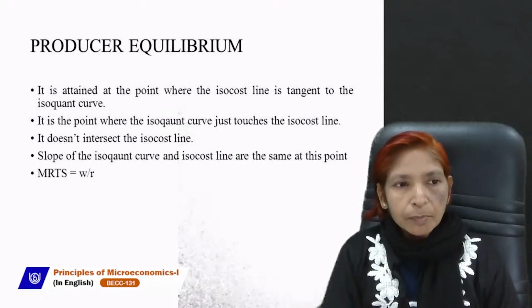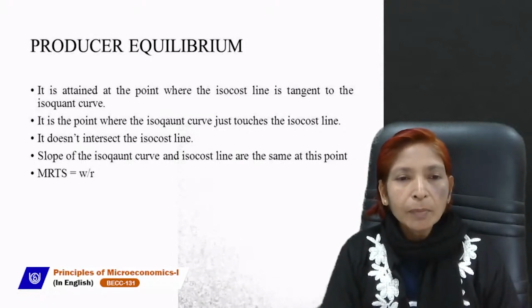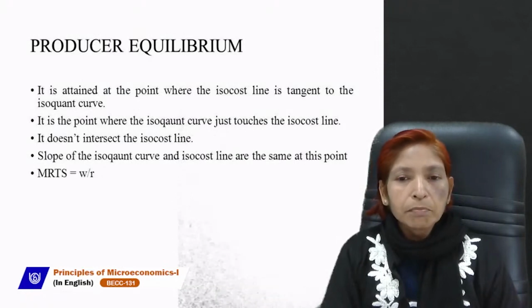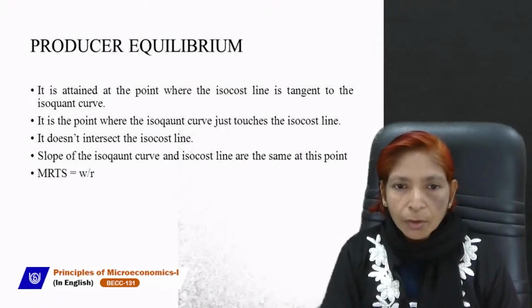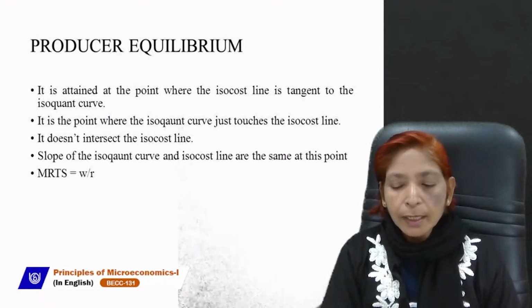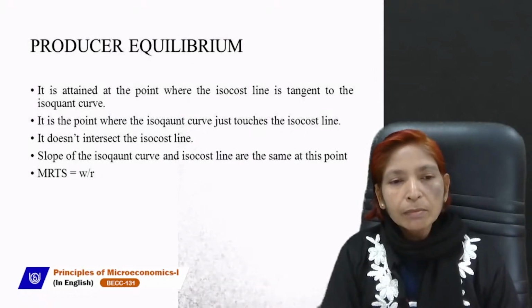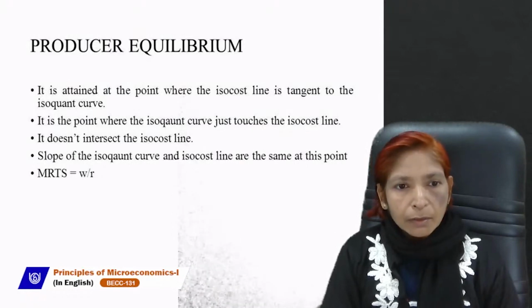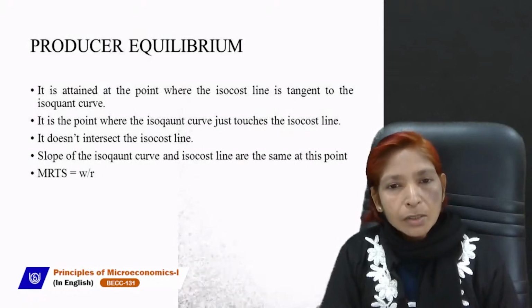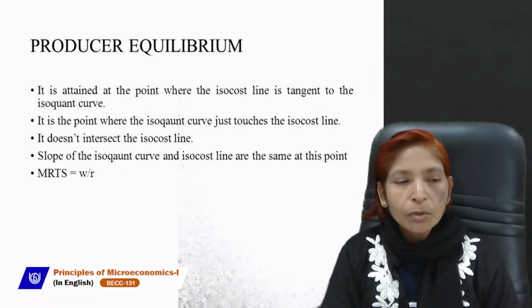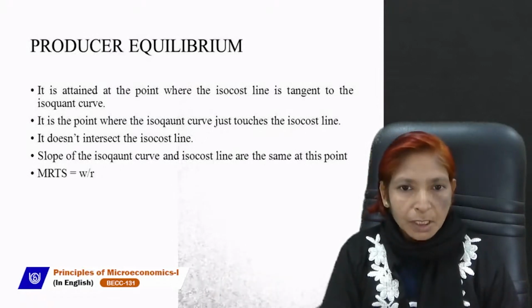Same as the producer will be in equilibrium position where the producer will get maximum output or maximum profit at the minimum cost. Producer equilibrium can be attained where the iso cost line is tangent to the isoquant curve.